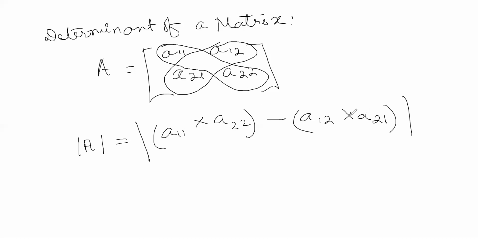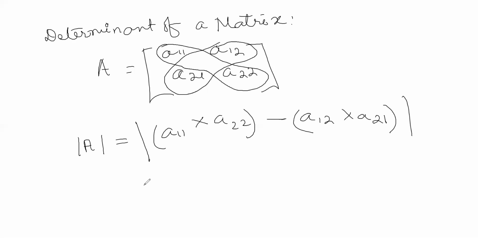And that's how we can identify the determinant of a matrix. Remember, there is a minus sign in the formula. So we take the multiplication of the principal diagonal minus the product of the elements of the off principal diagonal, which will provide you with the determinant.